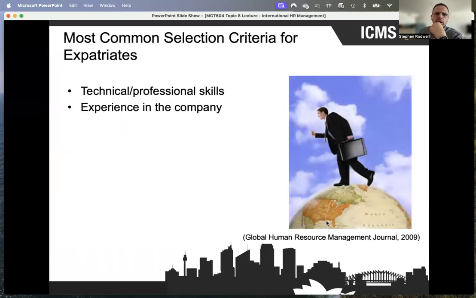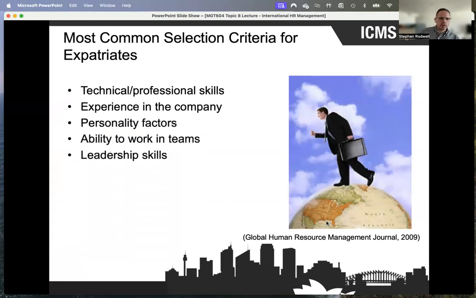So the most common selection criteria for expatriates: their technical and proficiency skills, obviously their experience in the company, personality factors as well. Obviously you want someone who's going to embrace the idea of going to live in another culture, not someone who's going to be resistant to it, what you would call a xenophile, as opposed to obviously a xenophobe.